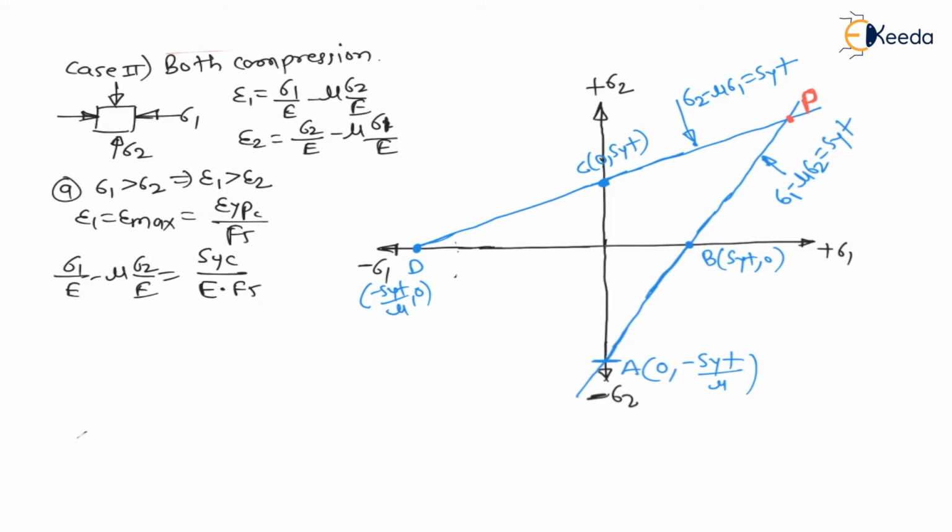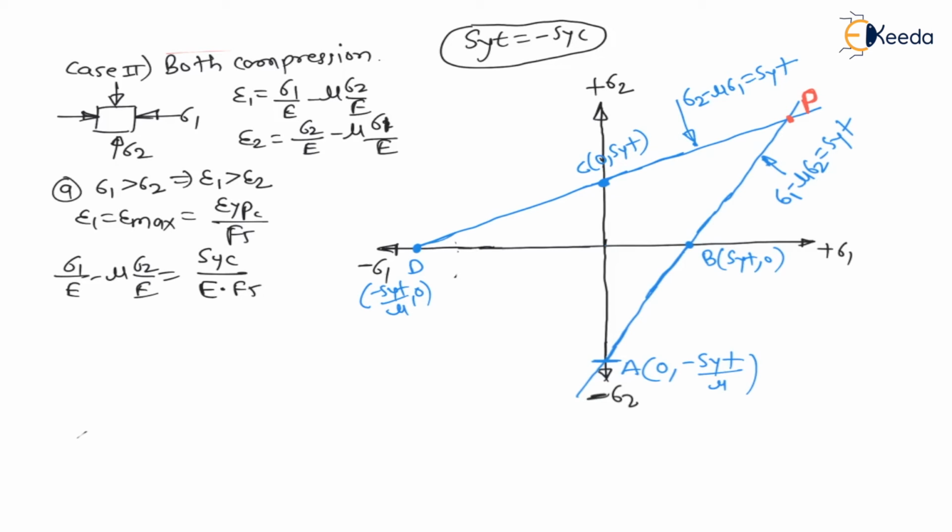This is how we have to use. For ductile material, SYT is nothing but minus SYC. SYT is tensile and SYC is compressive, both are same in magnitude but opposite in nature. One is compression, one is tension.